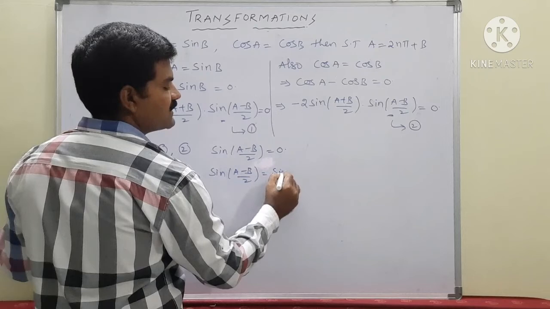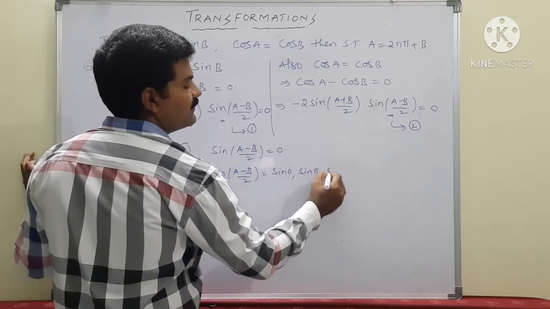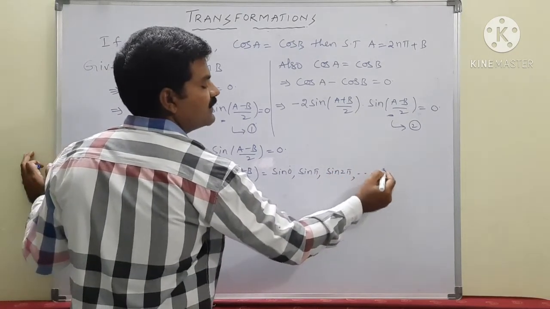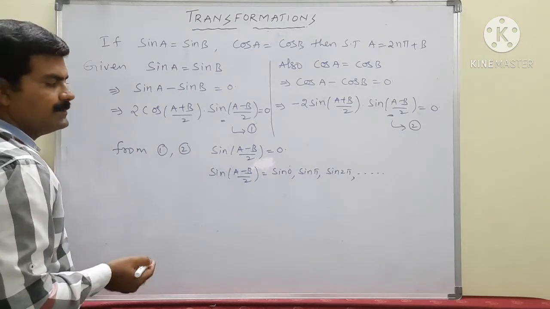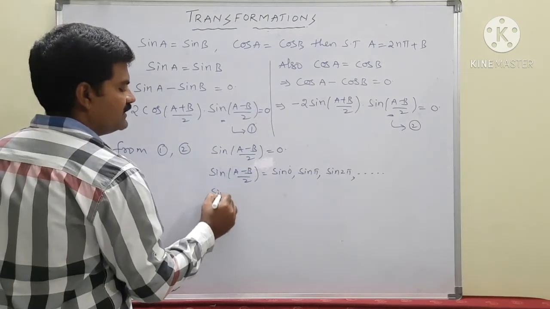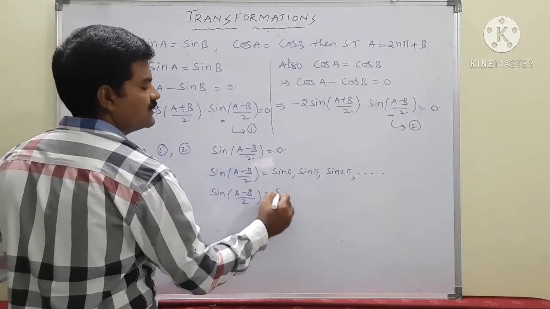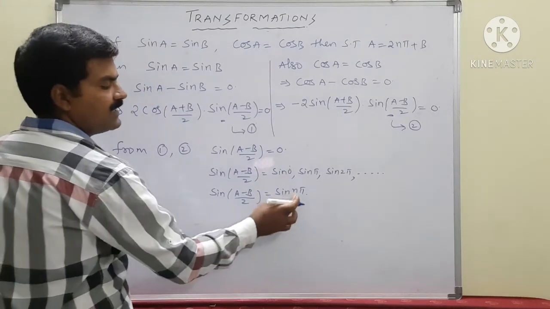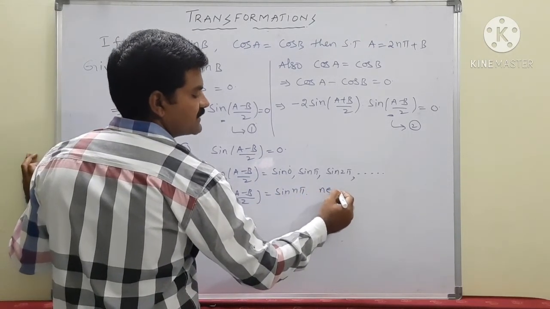Instead of 0 I can write sin 0 or sin 180 or sin 360, 2 pi, etc. All these values are equal to 0. So I can write it all together as sin n pi, where n is an integer.